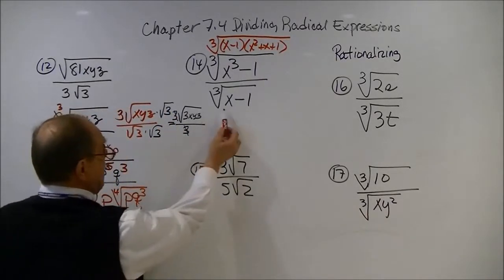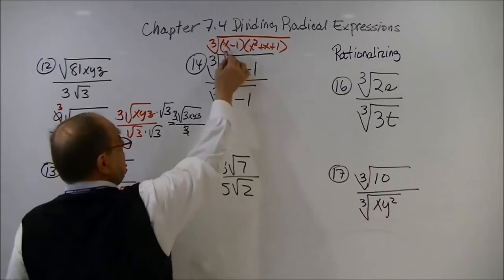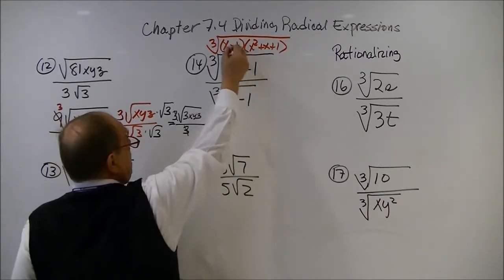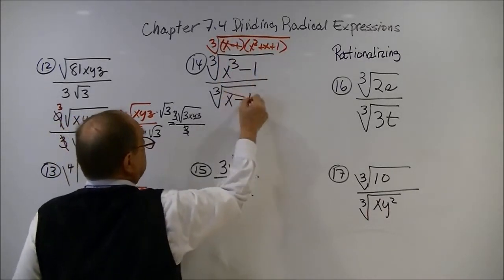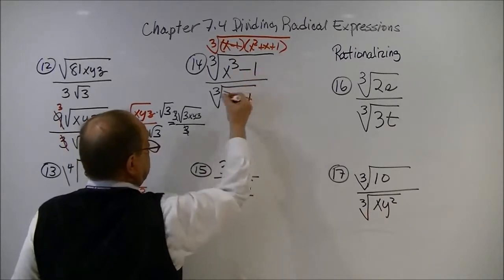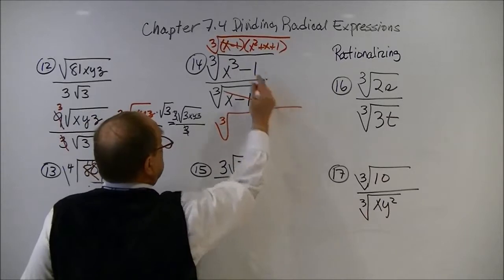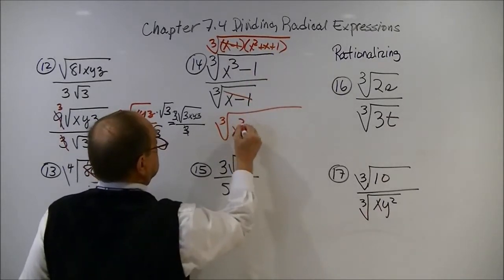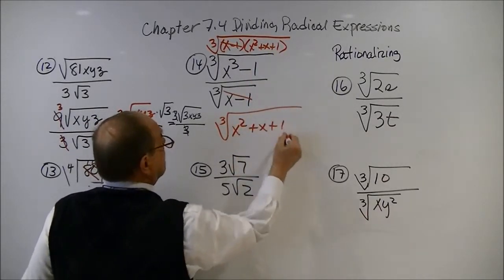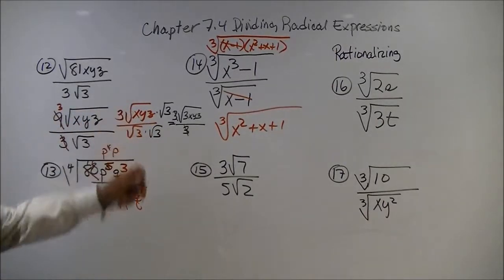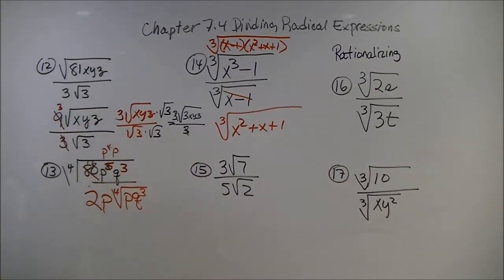But notice now you have an x squared minus 1 and an x squared minus 1 that cancel out. So your final answer for number 14 is just the cube root of x squared plus x plus 1. So some interesting things going on, but hopefully as you reflect on what you've been doing.